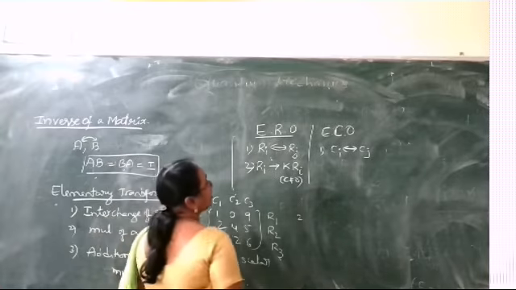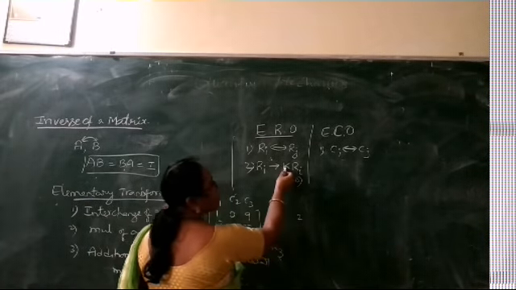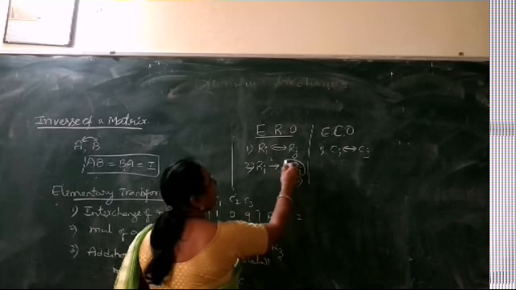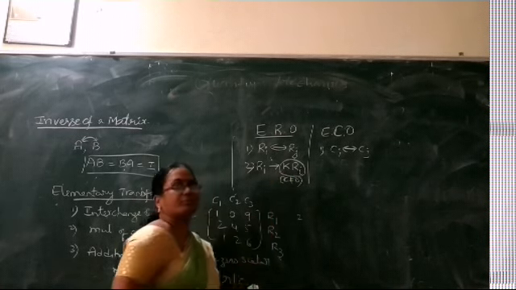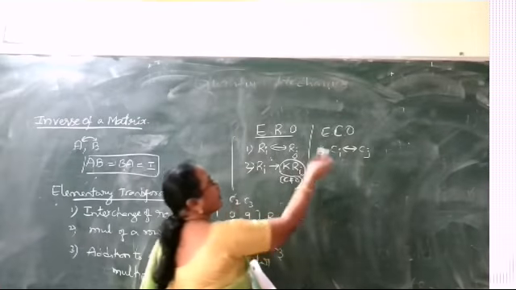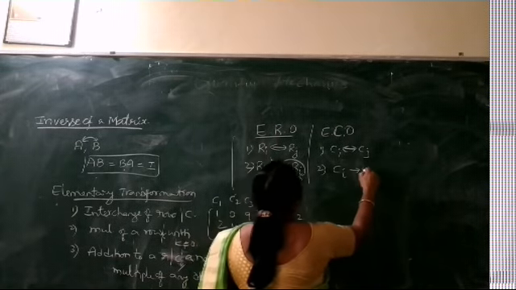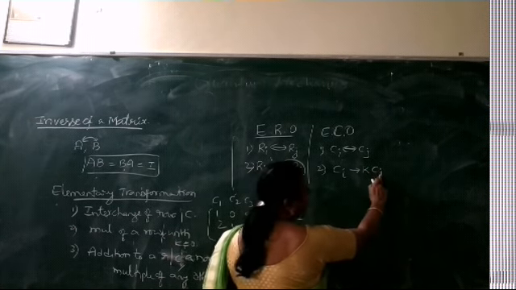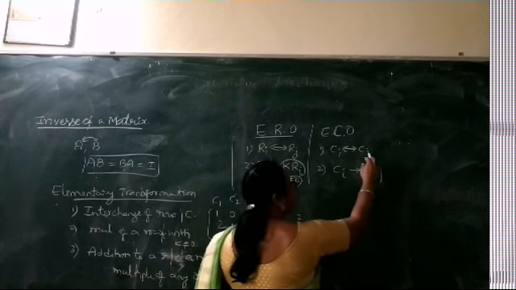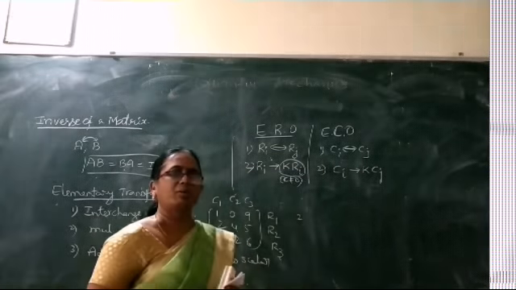It means that we can multiply each element of the ith row by a non-zero constant k and place the resulting elements in the same ith row. The corresponding column transformation is Ci implies k into Ci. Each element of the ith column is multiplied by k and the result is placed in the ith column itself.